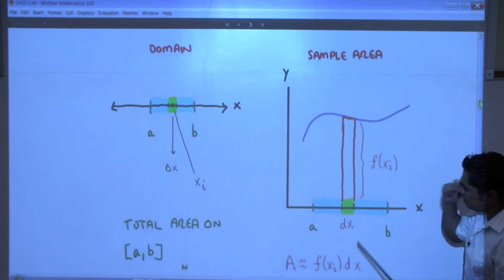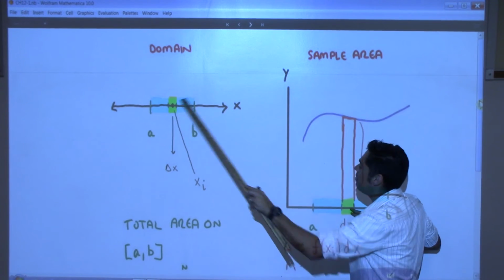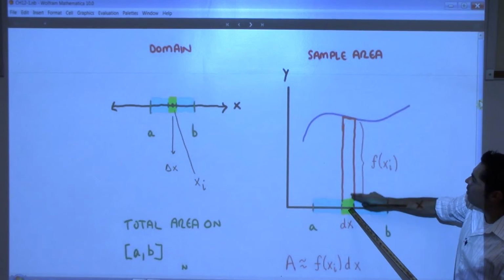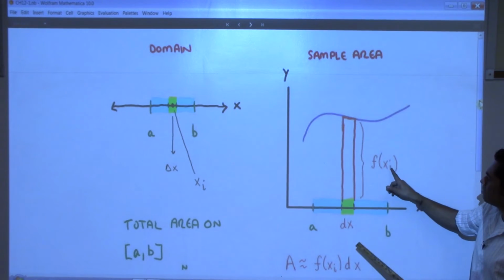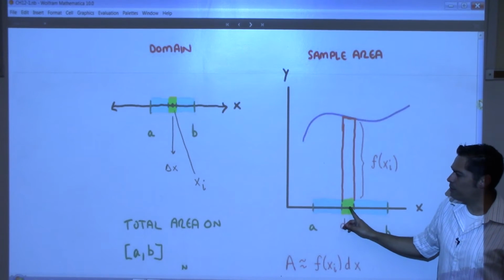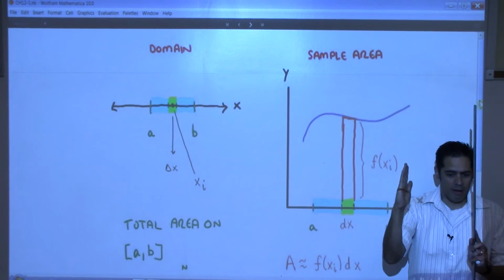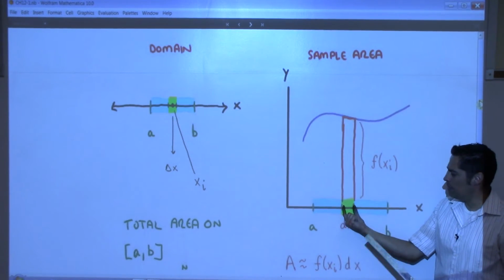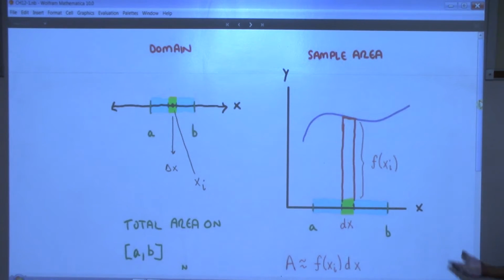And what we did was we picked some point, any point, didn't matter where it was, any point inside that rectangle, plugged that point into the function. That's what this says, f of x sub i. As long as you pick a point inside this interval and plug it in, that height will work. Because the more narrow your rectangle gets, that point basically converges down to one. It can only be one value. So that's the idea from Cal 2.